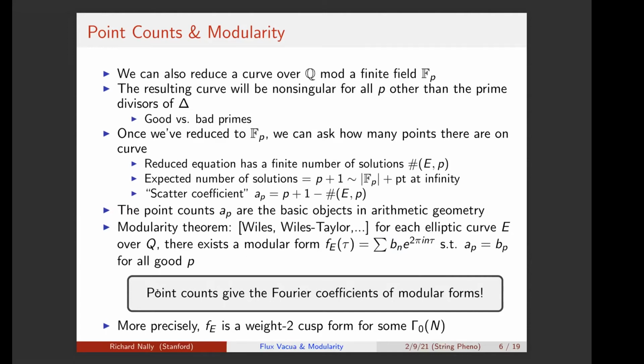So the slogan to keep in mind is point counts give the Fourier coefficients of modular forms, or more generally, some automorphic object. But for elliptic curves over Q, there's a very precise statement, which is that the modular form is in fact a weight 2 cusp form for some Gamma_0(N), where N is determined by the bad primes of the elliptic curve.